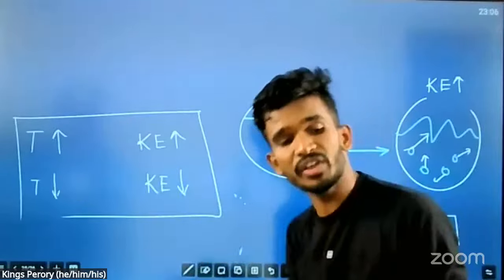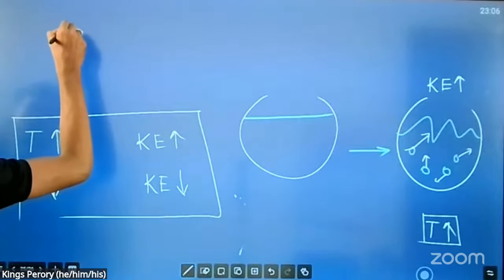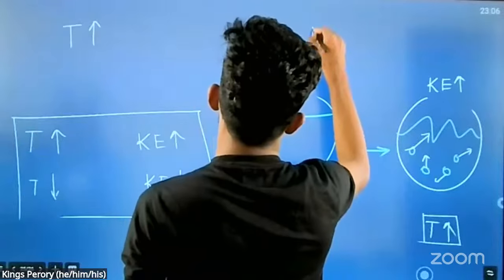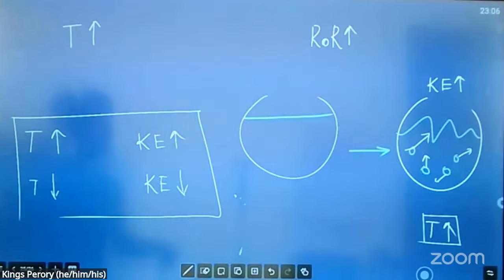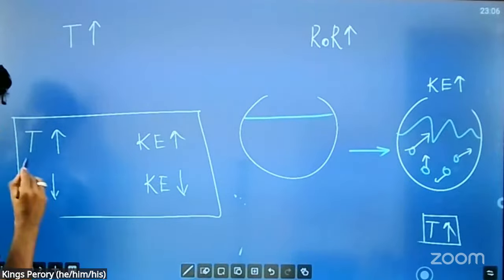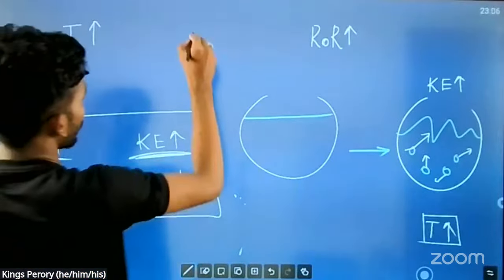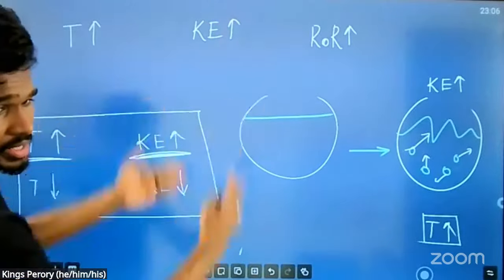Now connect it with rate of reaction. When temperature increases, rate of reaction increases. That I already told. Also, when temperature increases, kinetic energy of the particles increases. Now connect them.